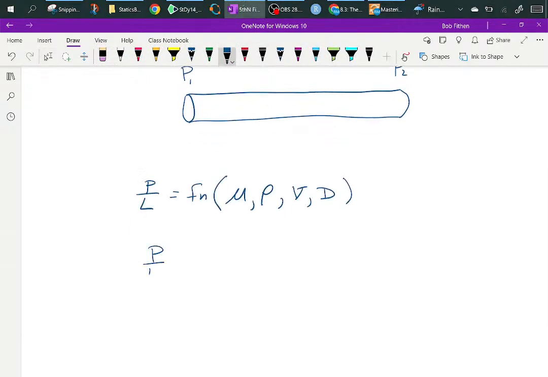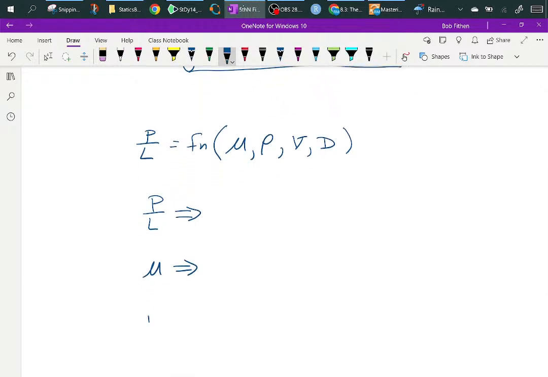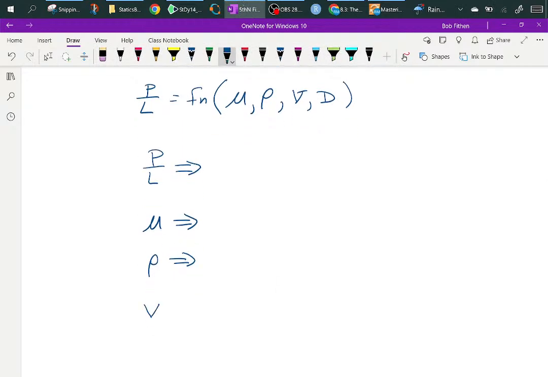So he has P over L, and then I'll put an arrow there, mu, and then density, and then velocity, and diameter. The diameter is a length. Velocity is feet per second. So that's pretty simple. Density is a mass per unit volume.